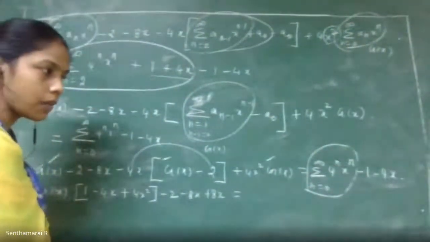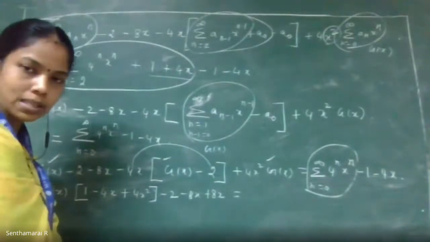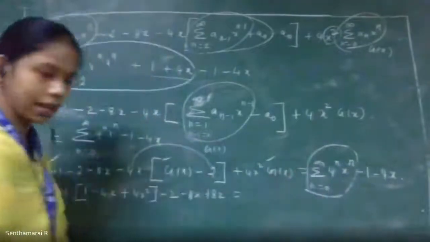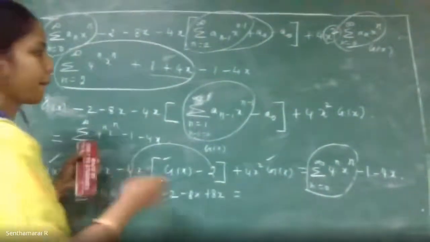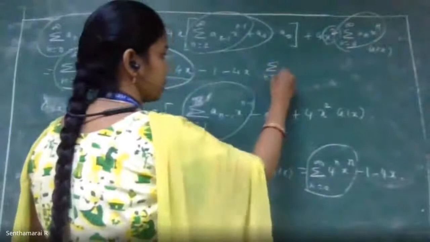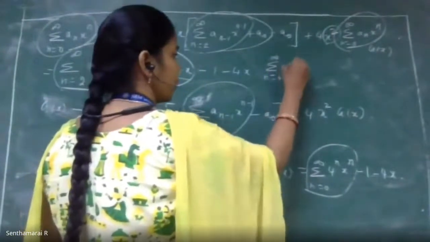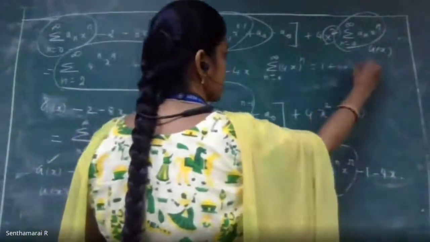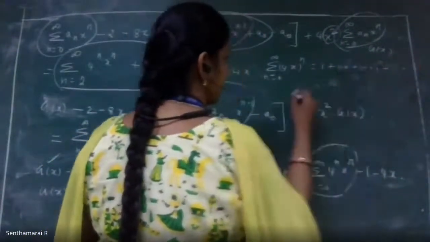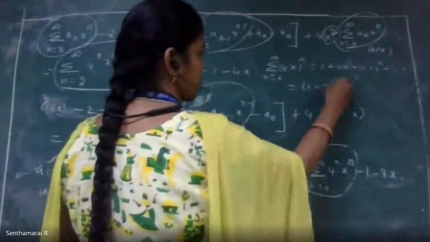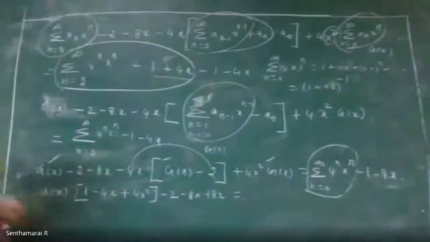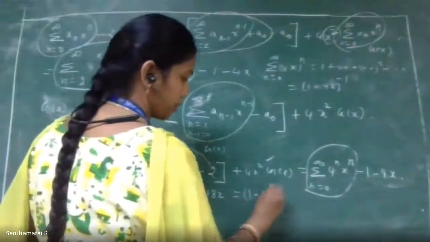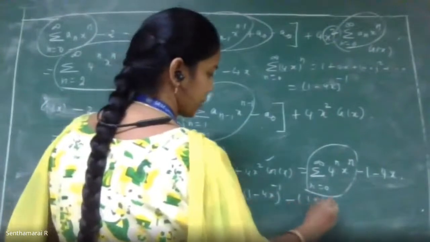This is the expansion of 1 plus 4x the whole square plus 4x the whole cube plus etc. Summation over n equal to 0 to infinity, 4x the whole power n, is nothing but 1 plus 4x the whole square plus etc. This is nothing but 1 minus 4x to the power minus 1. Is it clear? So I can write for this 1 minus 4x the whole power minus 1 minus of 1 plus 4x.